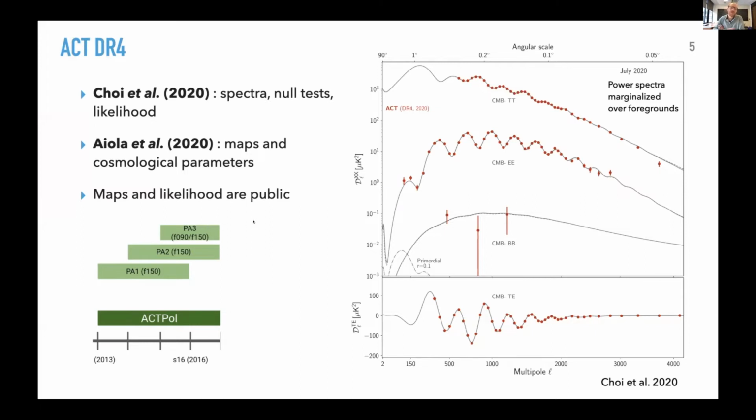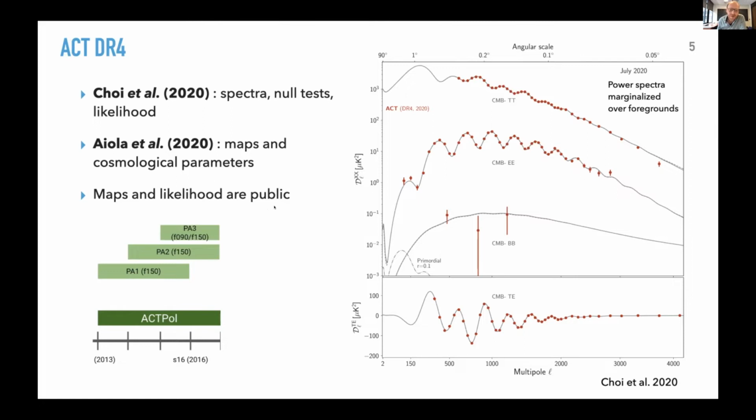The main results are described in these 2 papers, focusing on the spectra and focusing on the maps. You can see on the right-hand side here some of the results showing the CMB spectrum that we get. The maps and the likelihood and all these products are all publicly available.